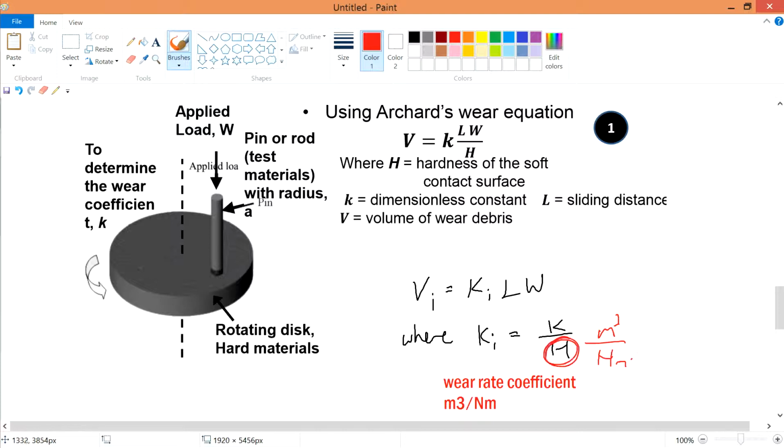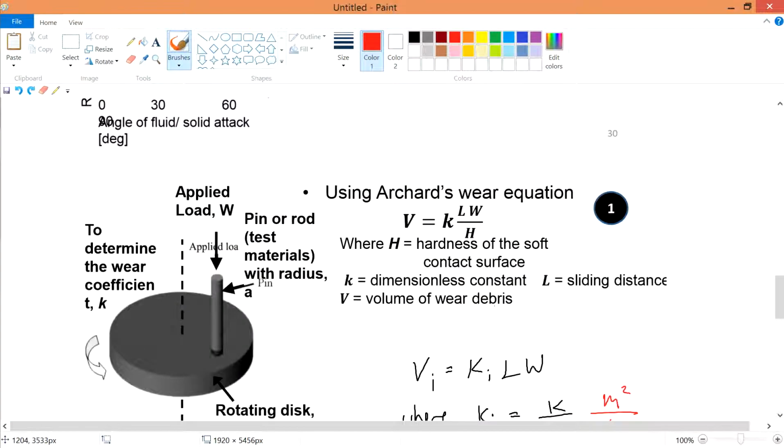The Newton meter, I think, is the hardness thing, so they cancel each other and you get meter squared over Newton. So it's the amount of area per force. It's a weird formula, but anyway, you should take note of that, and the SI unit also. So it's meter squared per Newton, but you should know that it comes from this thing.